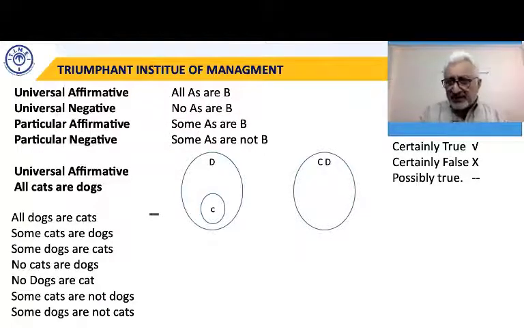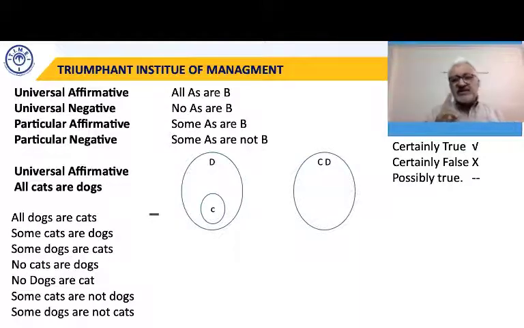How will you identify your ice cream? Will you say all ice creams are delicious because the first one that I ate was delicious, therefore all of them are delicious? No. You don't know about the rest. You will only know about what you ate, and therefore you will say some ice creams are delicious. So if all A's are B's, then a part of A will also be true.